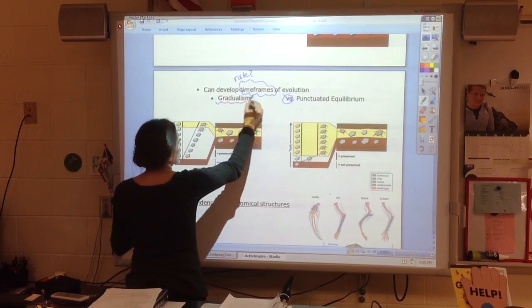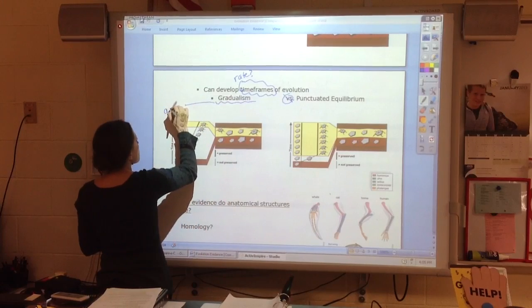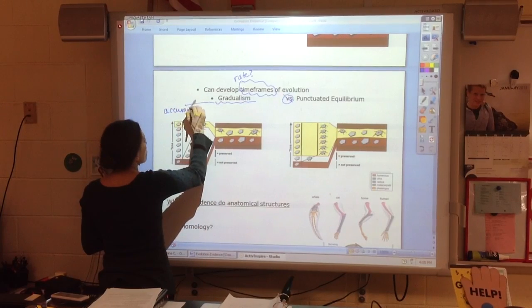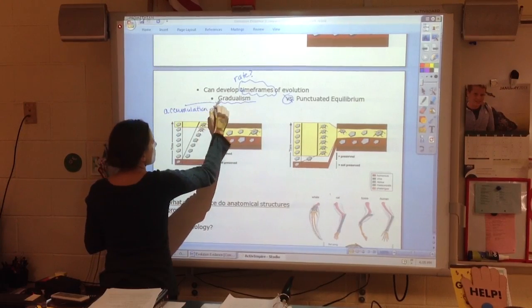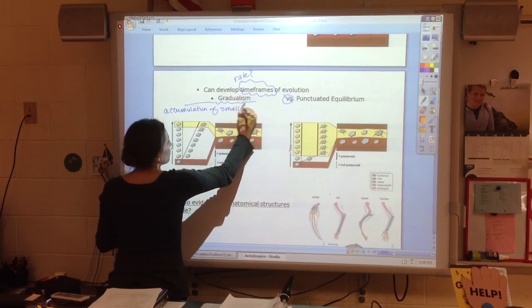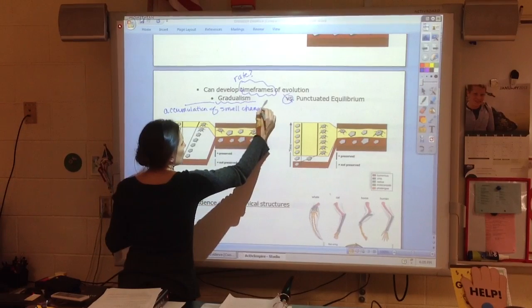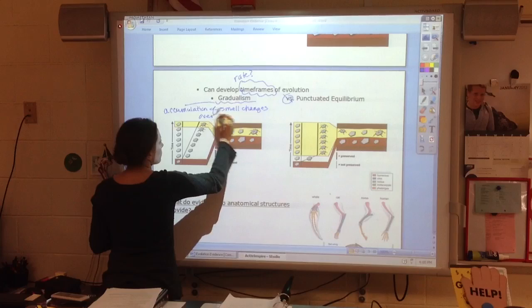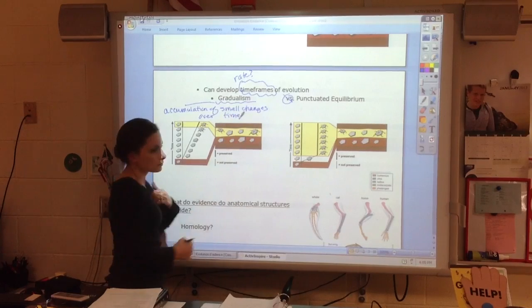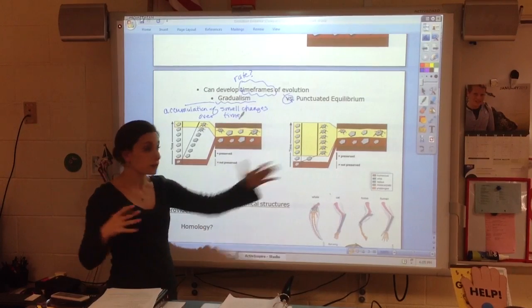Gradualism is exactly as it sounds. It's the accumulation of small changes over time. Gradual evolution.